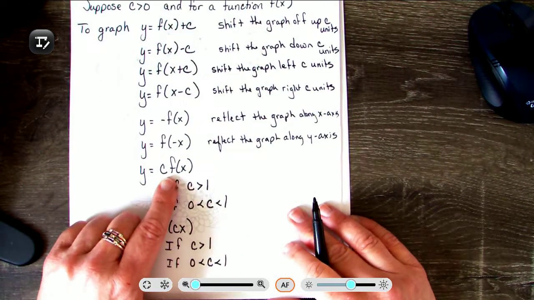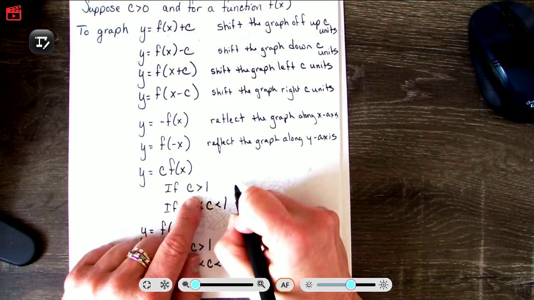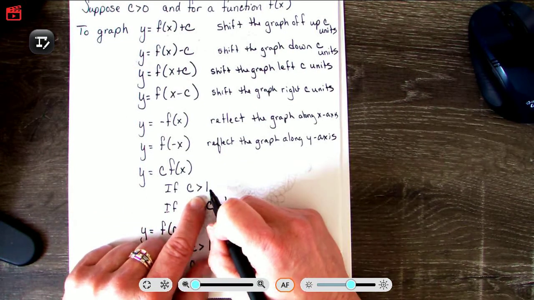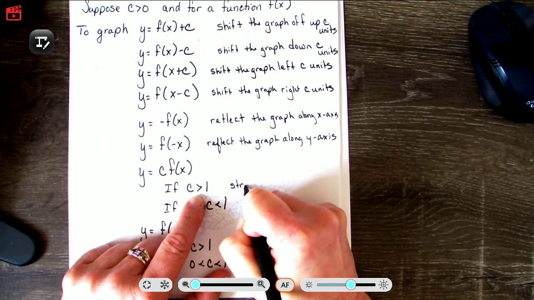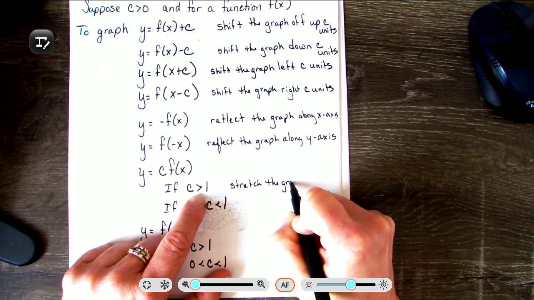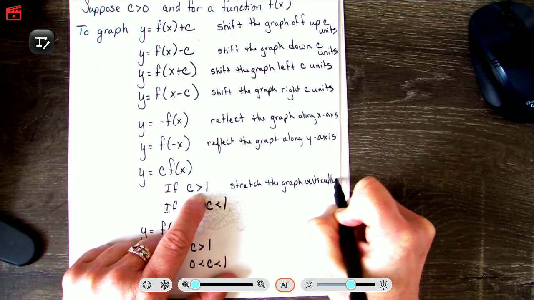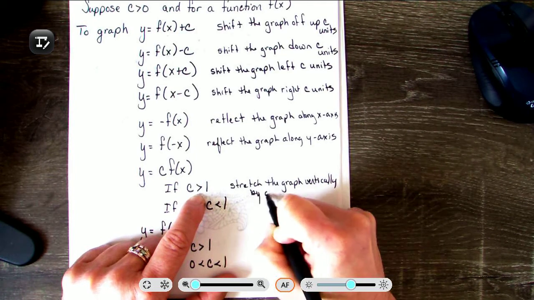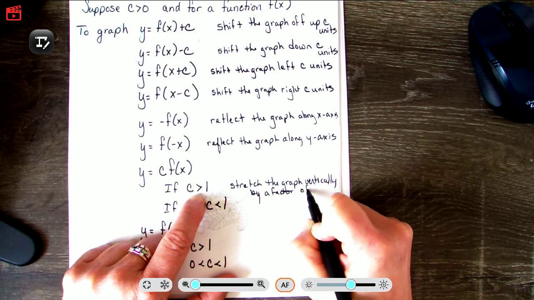Putting a c on the outside of the function does a couple of things. First of all, if it is bigger than 1, like the number 2 or 4, it is going to stretch the graph vertically by a factor of c.